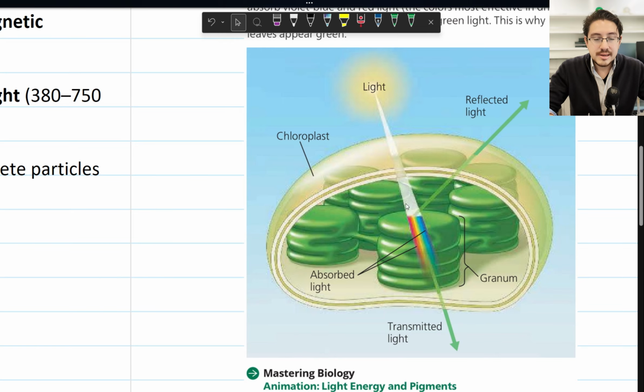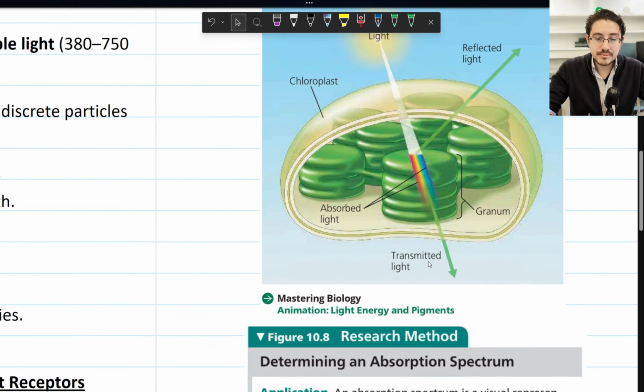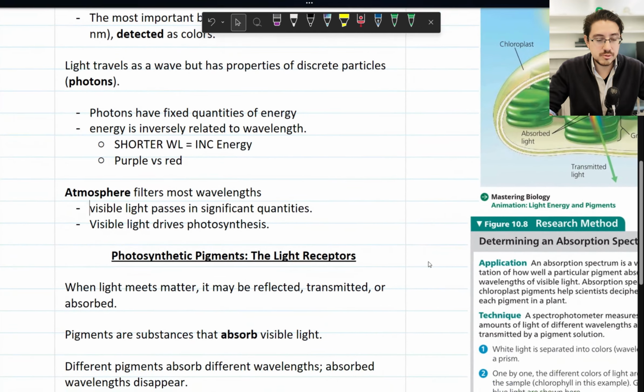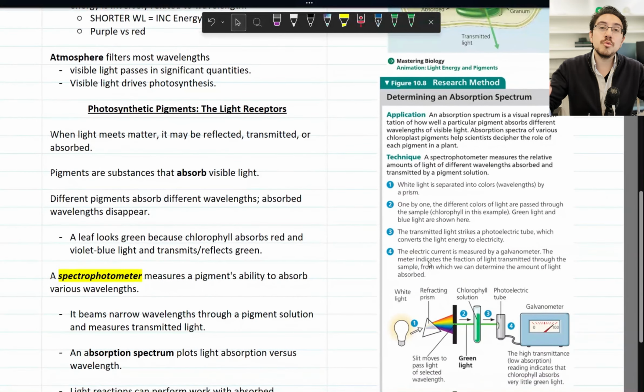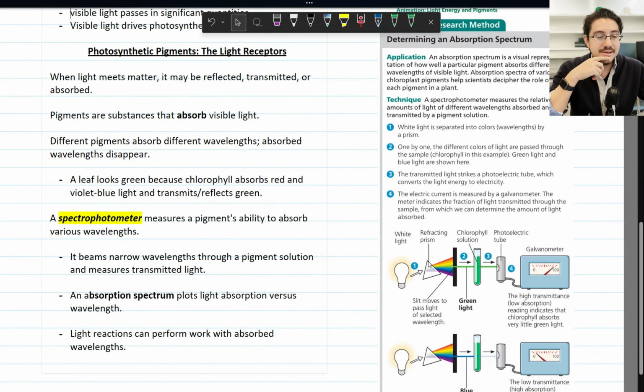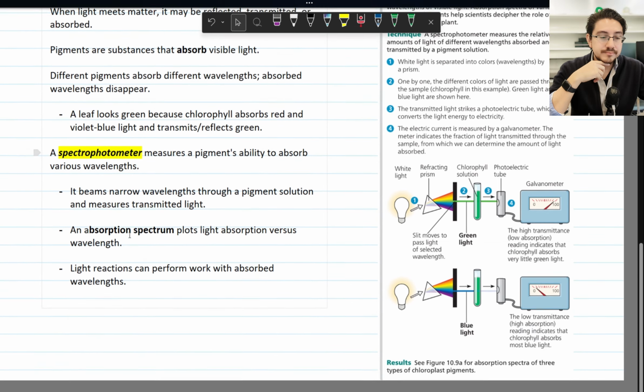Light comes in, hits these chlorophyll pigments, and the colors are essentially absorbed. I don't want to say all the colors yet. We're going to see the graph here. The wavelength of green light gets reflected or transmitted, passing through, but it doesn't really get used, and that is what we see with our eyes. So yes, it reflects or transmits green.